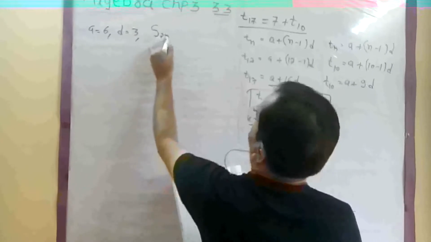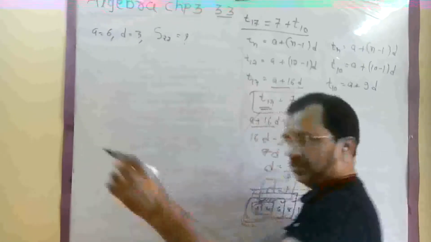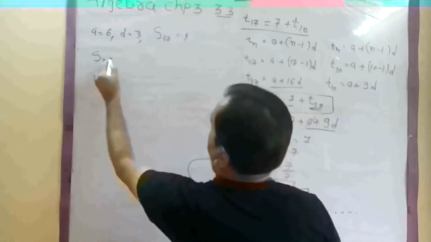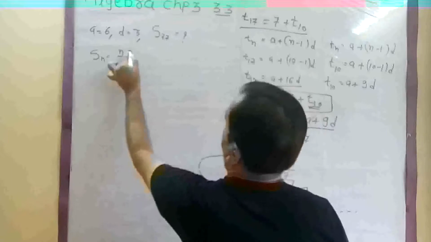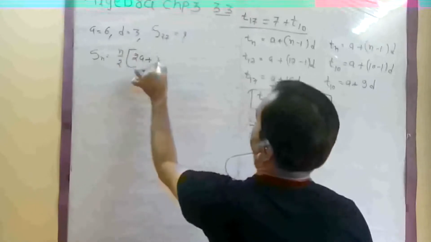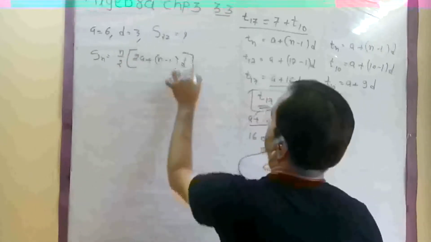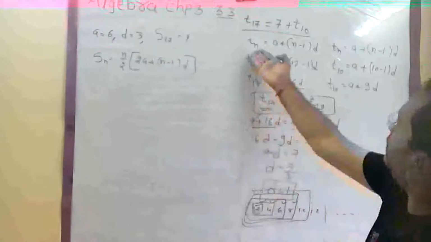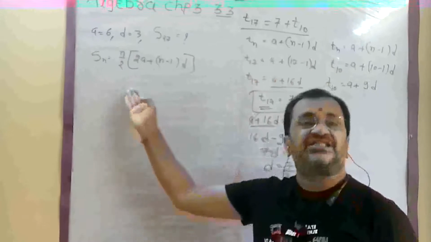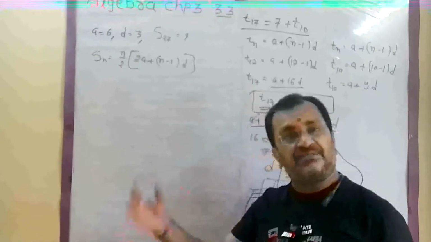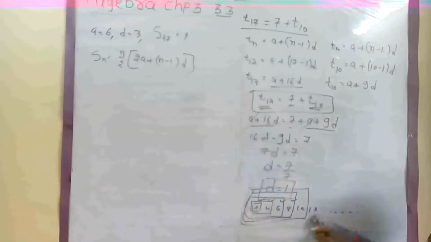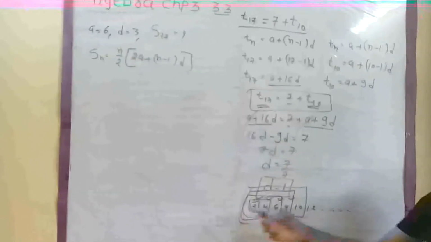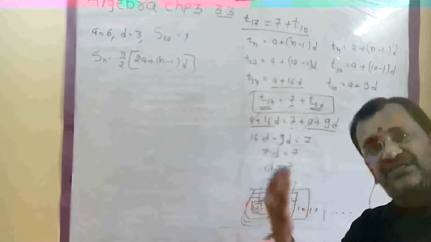Find the sum of the 27th term. Sum of 27 terms. Now the new formula: Sn is equal to n by 2 in bracket 2a plus (n minus 1)d. Look at the Tn formula and the Sn formula. Sn means the total up to that term. Suppose S5, so 1 plus 2 plus 3 plus 4 plus 5. S3, so 1 plus 2 plus 3. S means the sum of that many terms.